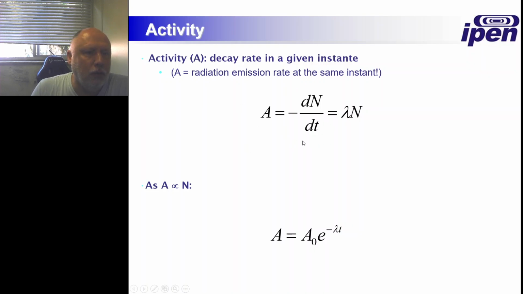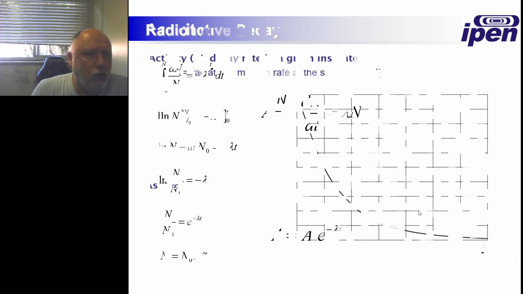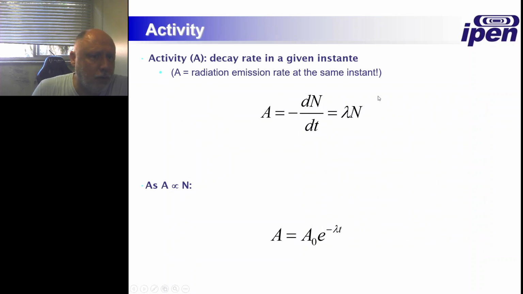If we get this decay rate, meaning how many nuclides are decaying per second, we call it activity, right? And now we know that dN over dt is lambda N, from here. So activity is just the probability of emission times the number of nuclides.